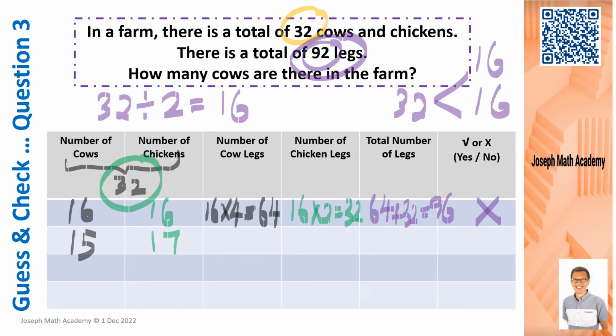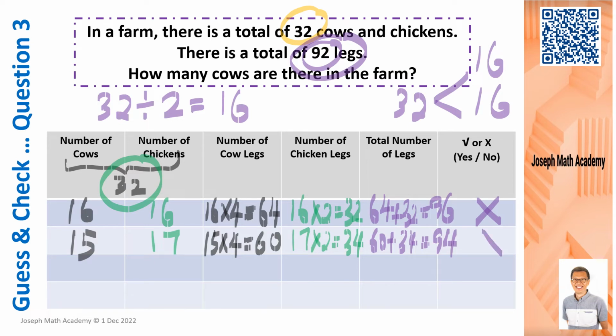Okay, so continue to do the same approach. 15 cows times 4 legs each, that gives us 60. 17 chickens times 2 legs each, that will be 34. Add the cow legs and chicken legs together, that will be our 60 plus 34, that gives us 94. We still cannot fulfill our given condition.